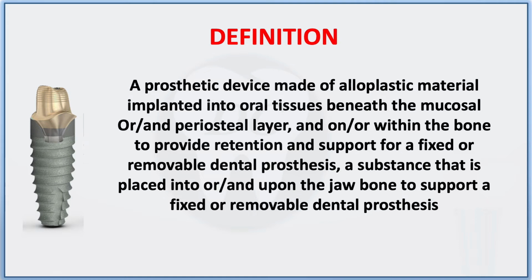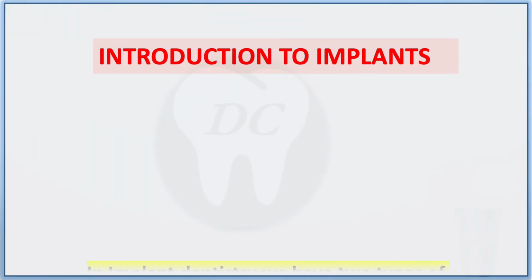A substance that is placed into and upon the jawbone to support a fixed or removable dental prosthesis. So basically it is an alloplastic material which is placed within the bone or beneath the mucosa to support a fixed or a removable dental prosthesis.